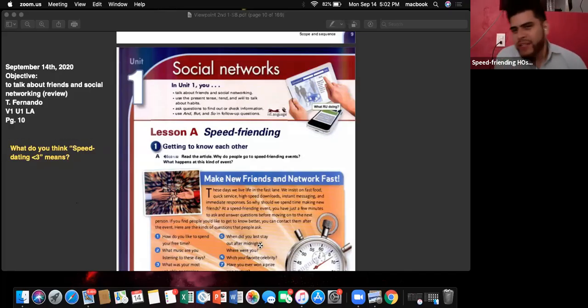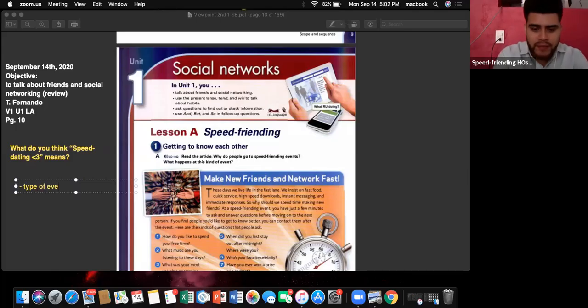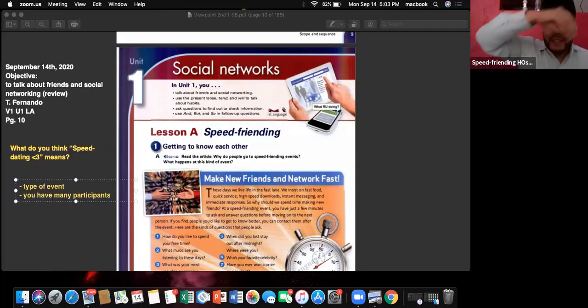Now, speed dating in Mexico is not common, nor is it common in the United States. But this is something they do in Europe. Speed dating is a type of event. At this event, you have many participants, and everybody is in a circle.